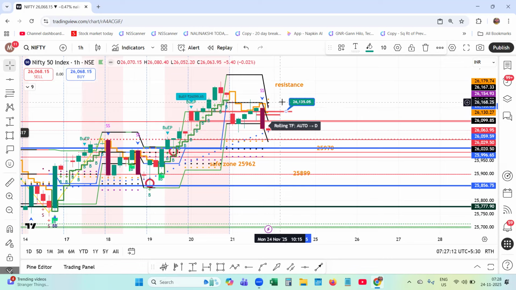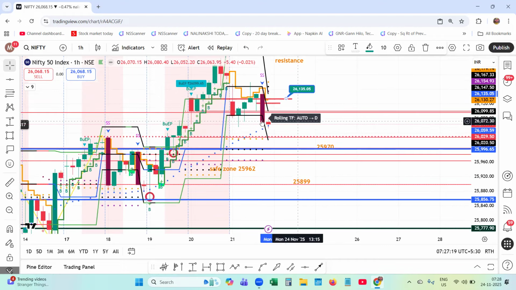Even the pivot level is aligning with the CPR. 26,176 already made an attempt and it has swallowed all this. This is an engulfing candle swallowing all this. Any attempt, it may not go above this. Any attempt to 26,098, 30 points above, is a flip level for the market. So this is how you can mark the levels on your chart with the EP levels and you can trade with clarity.